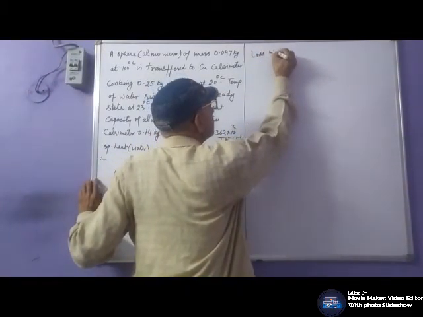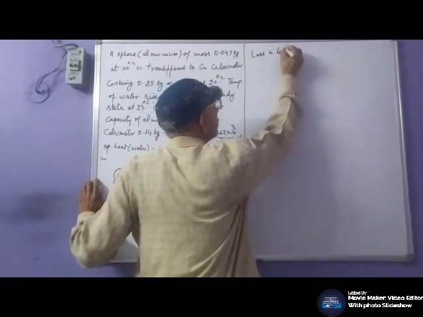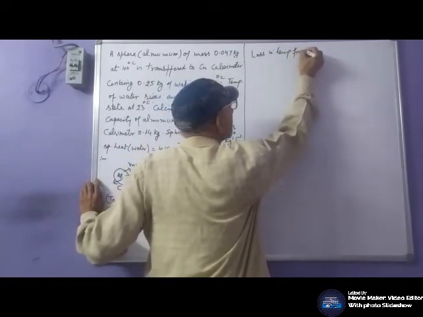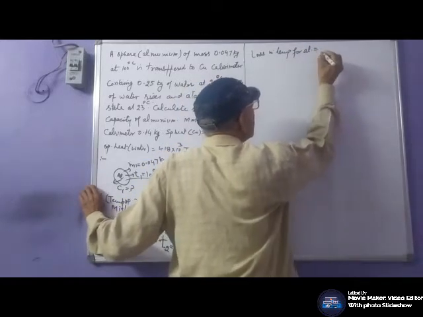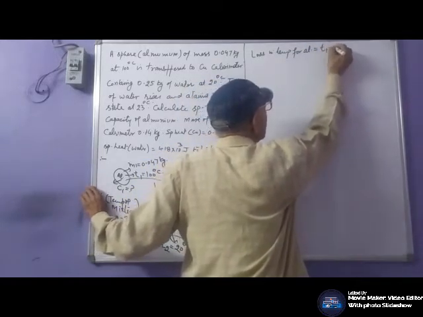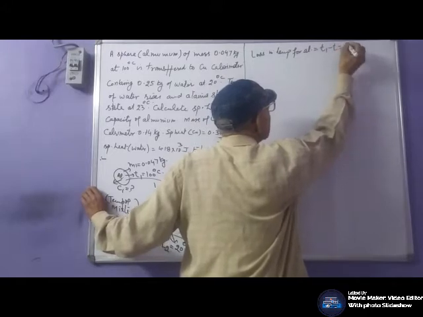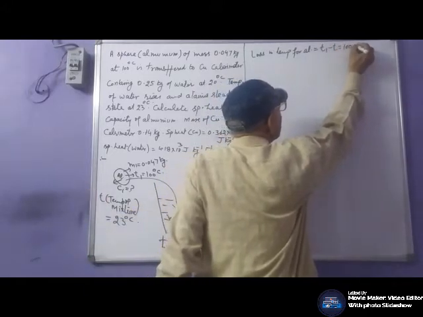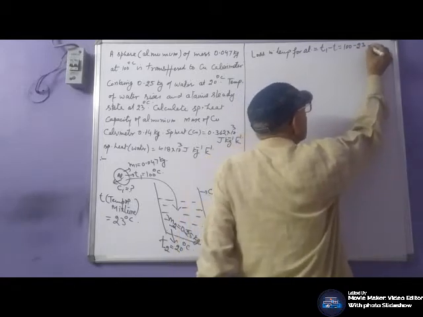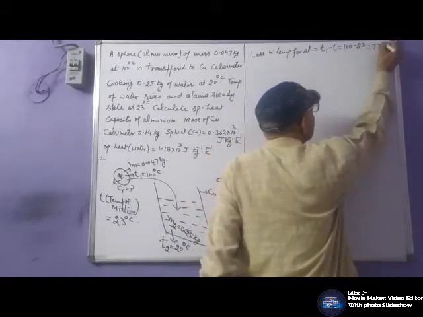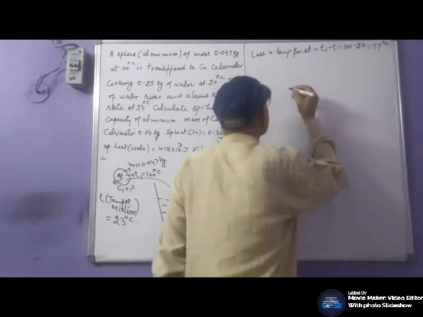Loss in temperature for aluminium is T1 minus T, 100 minus 23, it is 77 degrees Celsius.